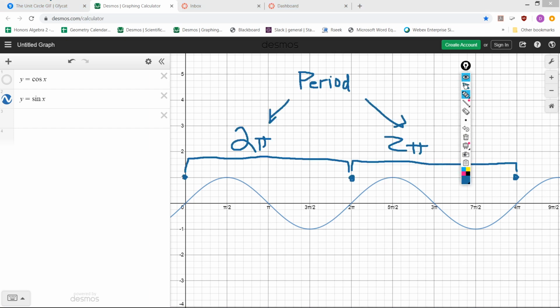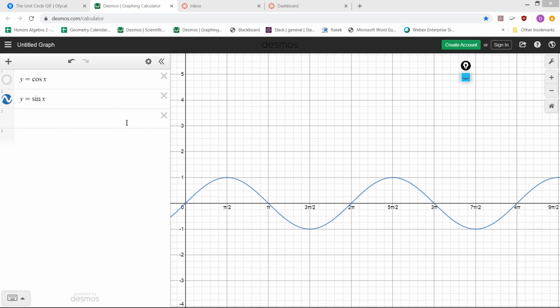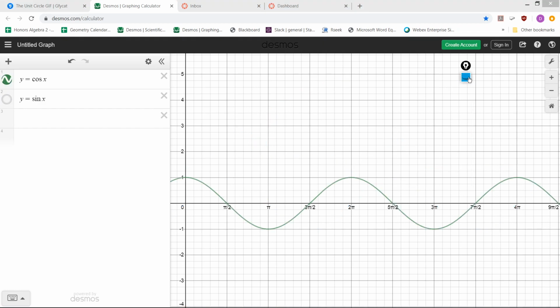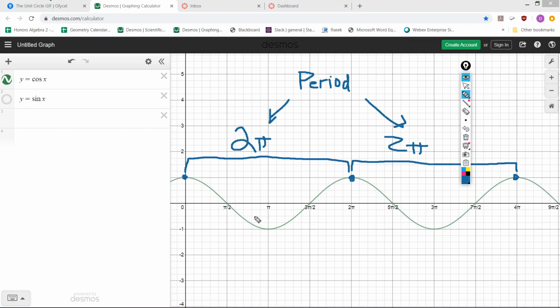One thing I recommend doing when you're looking for period on these, don't use the zeros, okay? Because you might say, oh, 0, 0. But this is not repeating, right? This is the opposite side 0. If we go from 0, this is the other 0 right here. These are the two zeros.